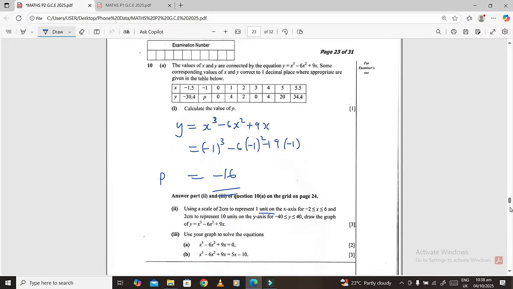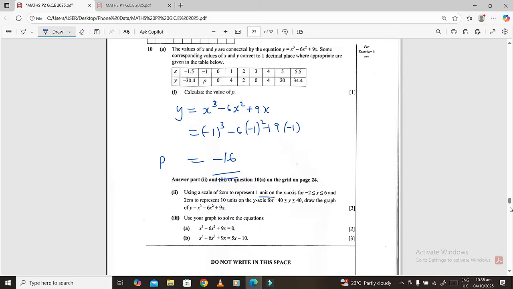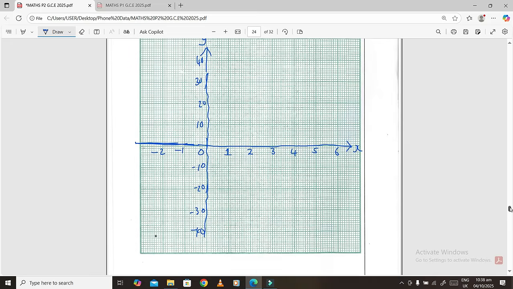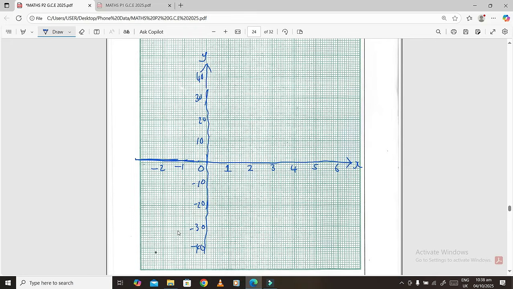That's negative 1.5, comma negative 30.4. So 1.5, this is 30, negative 30.4, because it's here. 1, 2, 3, 4. It's supposed to be somewhere here. Yeah, this is where the point is.